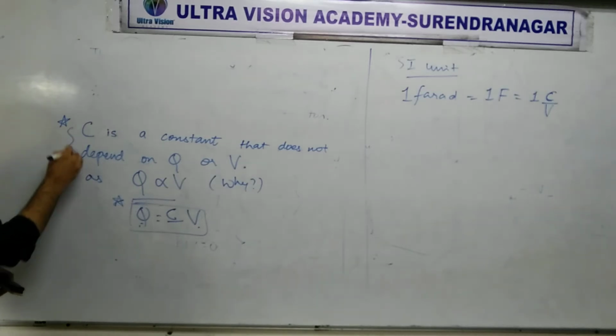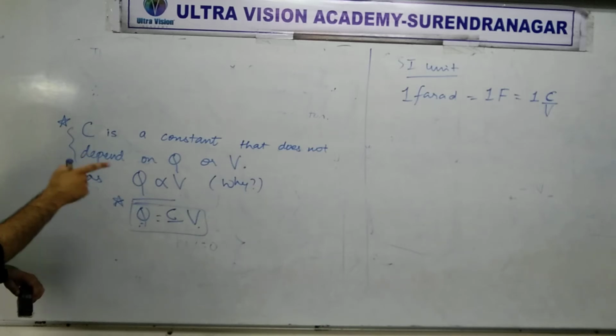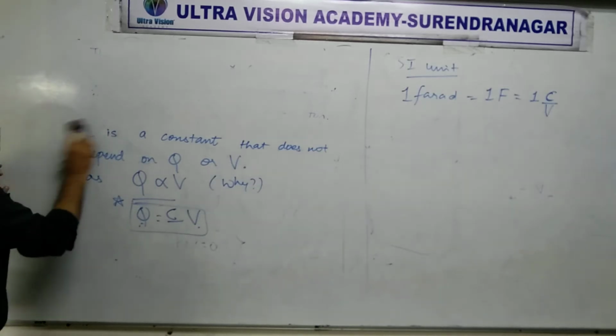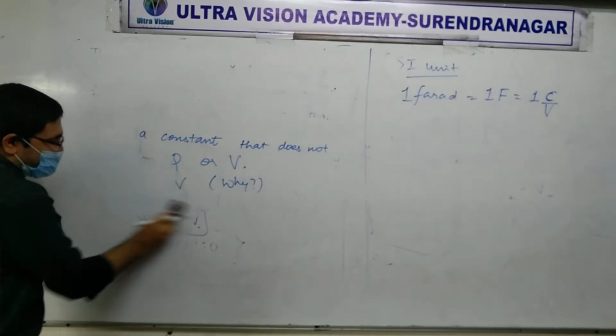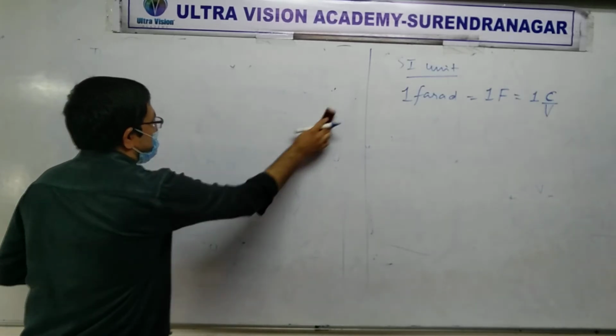And this is also very useful. C is a constant that does not depend on Q or V. Then you might have a question, what does it depend on? Let's see.